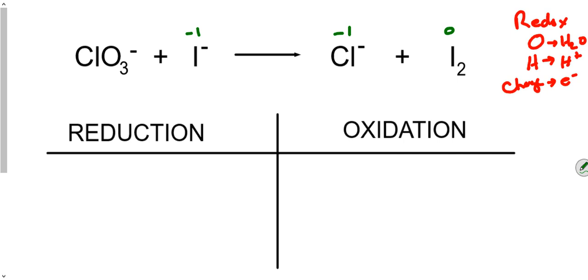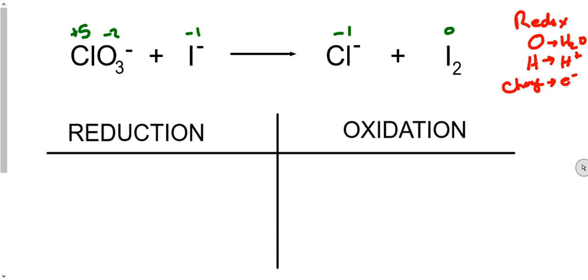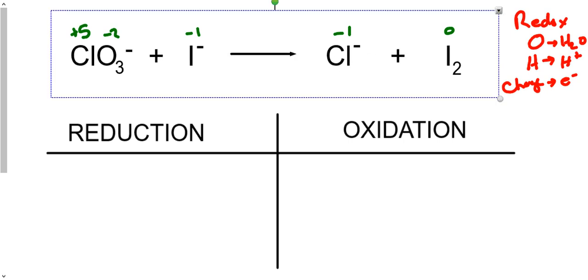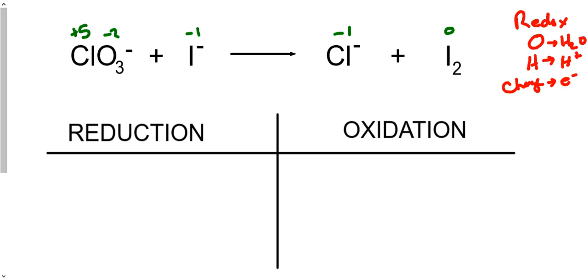Now for the chlorate ion, each oxygen is -2. Three of them accounts for a charge of -6. So the chlorine then has to have an oxidation number of +5 in order to maintain the -1 charge that we have on the chlorate ion.